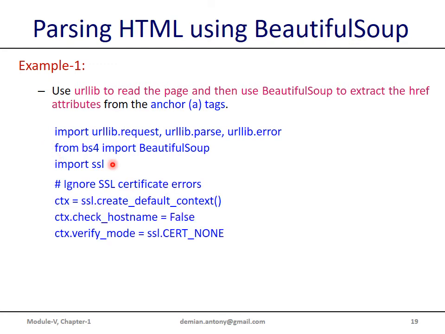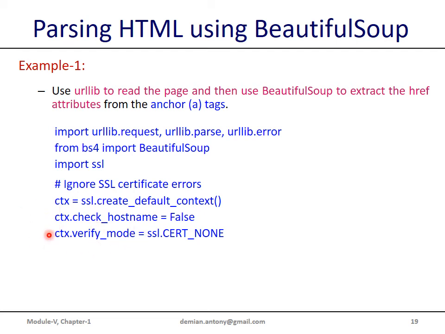First, we have to ignore all the security related data that has to be supplied for BeautifulSoup. We create the context by using ssl.create_default_context, ctx. This is a security context. Then you have to make check_hostname false. We don't have to check the host name for authentication.